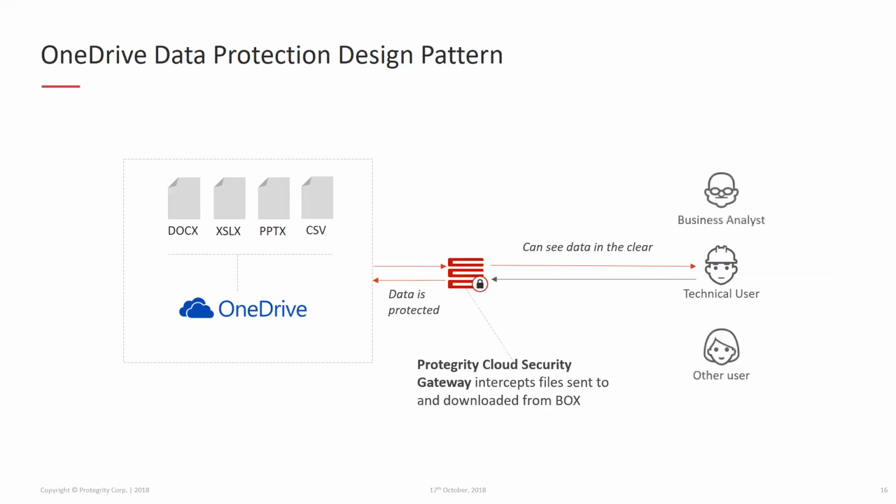If we had other roles, for example a business analyst, we might say this person can see partial data in the clear, such as a customer name within a CSV file, but not everything. Everybody else will see just the tokens. And it's the same case whether they go through the gateway or not.